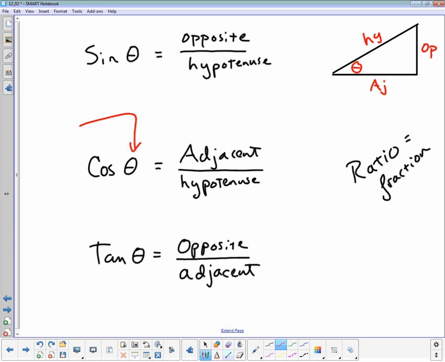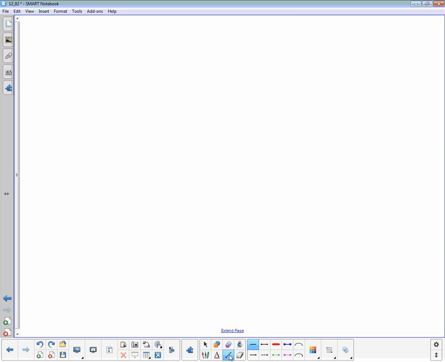Sine, cosine, and tangent take in angles, and they spit out ratios. You can't plug in the cosine of 5 miles. I don't know what that means. But I can take the cosine of 5 degrees. Now, let's do one, just to show you what I'm talking about.